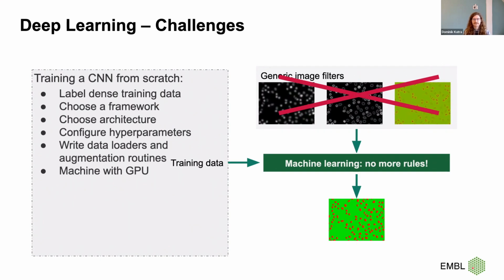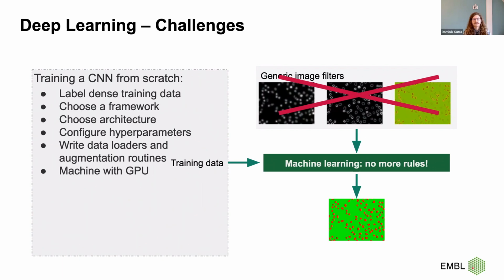So training a CNN from scratch, a convolutional neural network, basically the machine learning approach that is currently used for image segmentation, means this dense labeling training data, but then you have to choose a framework, choose an architecture. So what kind of network do you want to use? You have to configure hyperparameters, those are numbers that you cannot really train.